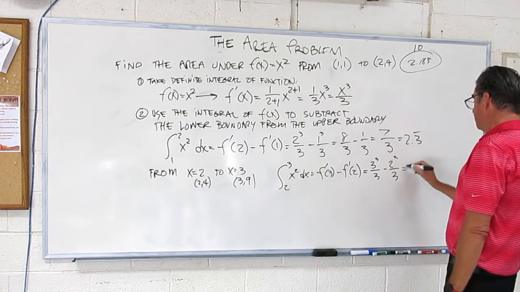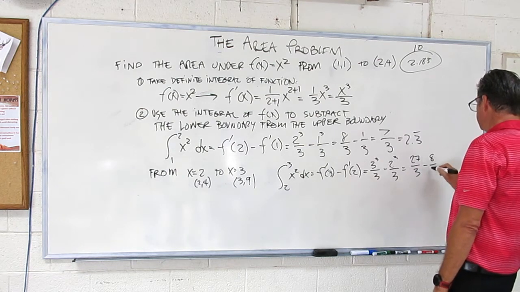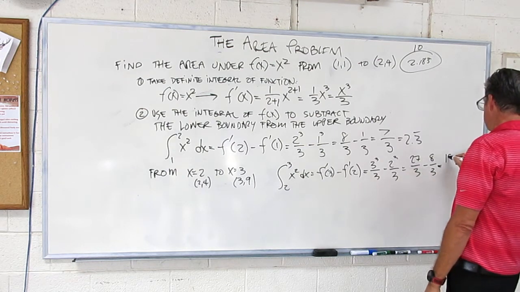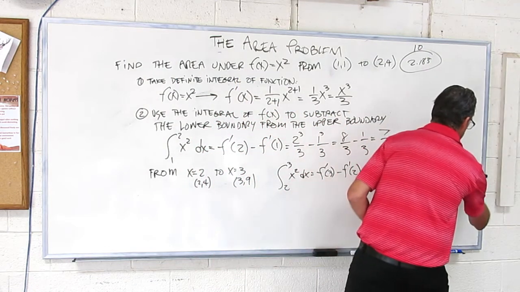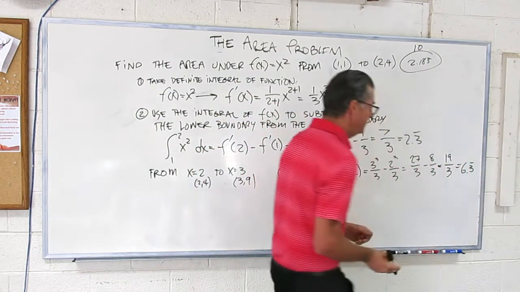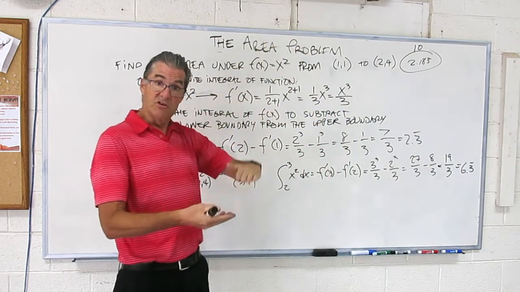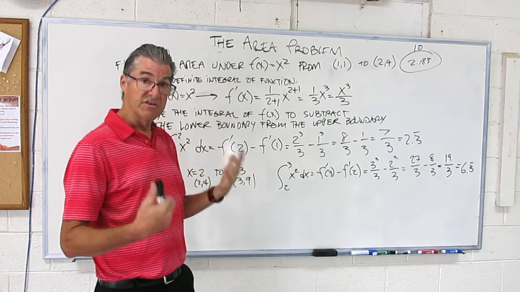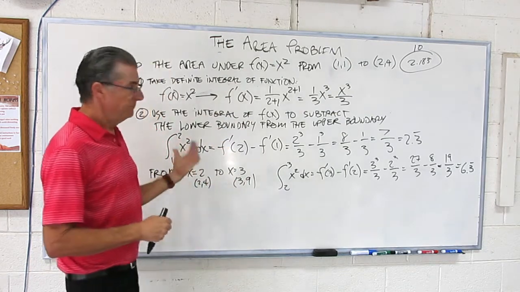So this is going to be 27 over 3 minus 8 over 3, which is going to give us 19 over 3, which equals 6.3 repeating. Now that makes sense, because as the parabola is going higher and higher, those individual rectangles are getting taller and taller and taller, so our area is going to get bigger and bigger and bigger. So there you have it.